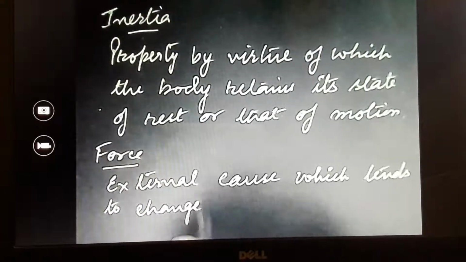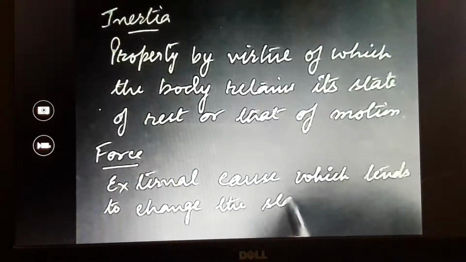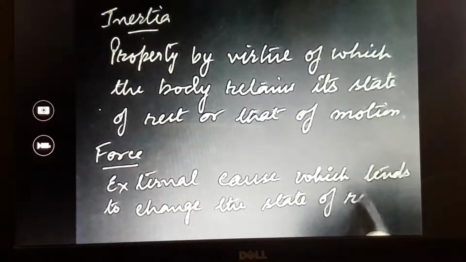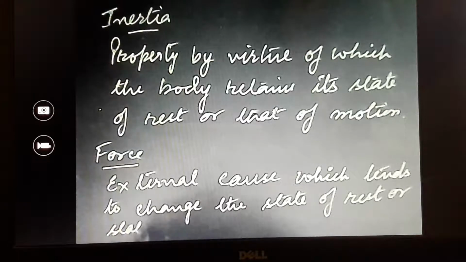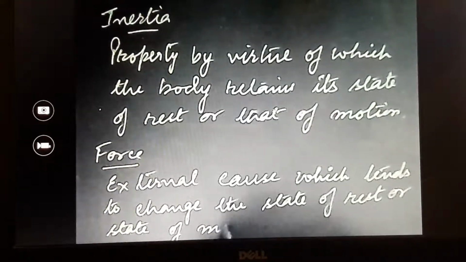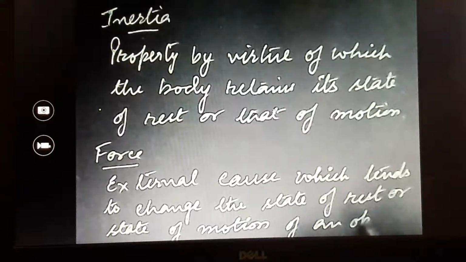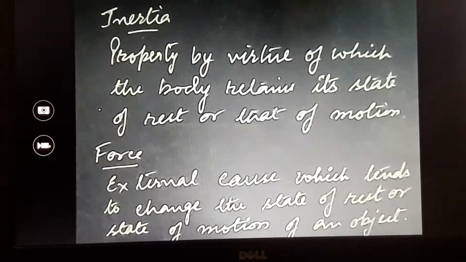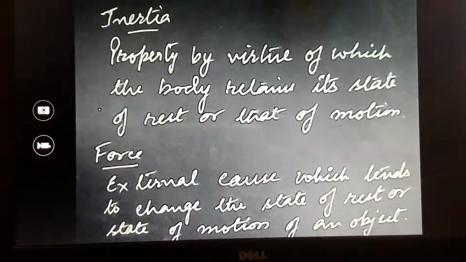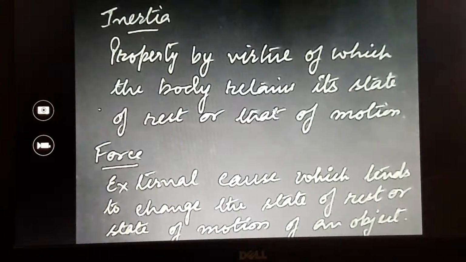It's just an external effect. If some body is at rest and you apply a force on it, the state of the body will change.